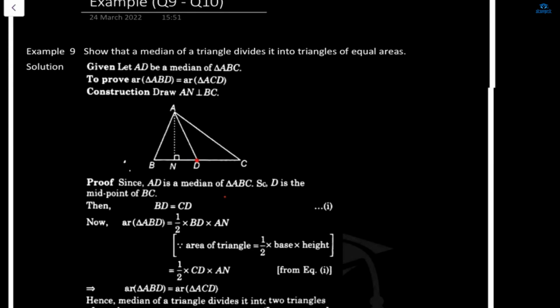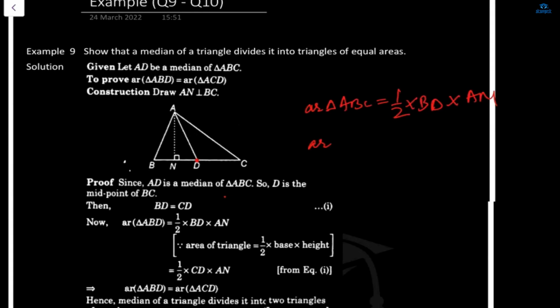Okay. Now, the area of triangle ABD will be half base into height. Half base will be BD and height will be AN. Similarly, area of triangle ADC will also be half into base DC into height AN. Now, BD is equal to DC.